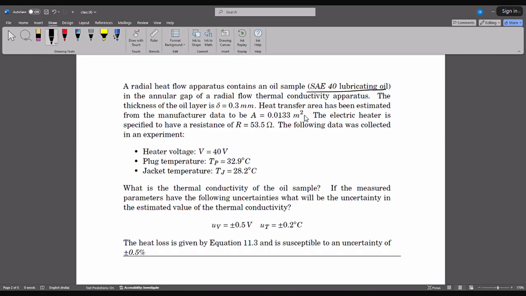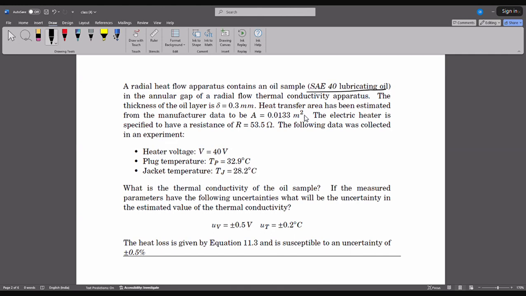I will draw the apparatus. The thickness of the oil layer is given. Heat transfer area has been estimated from the manufacturer data to be 0.0133 meters square. The electrical heater is specified to have a resistance of 53.5 ohm.